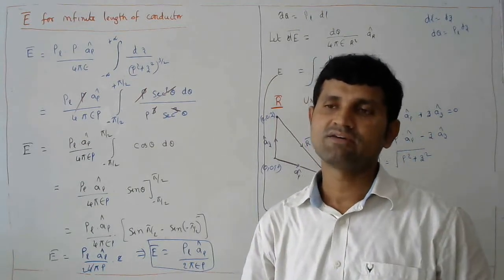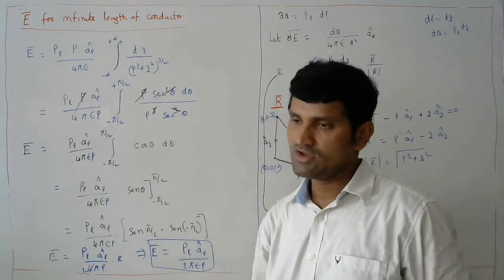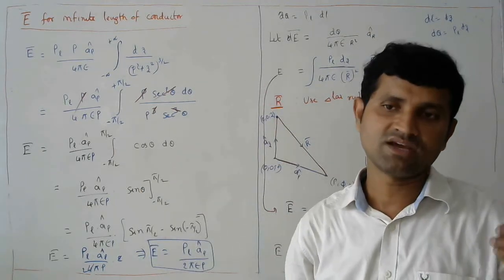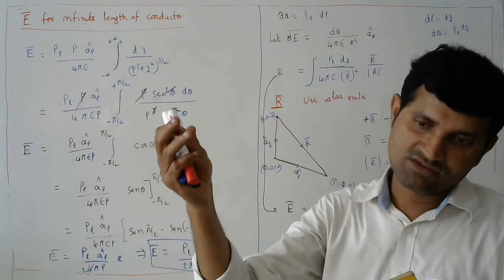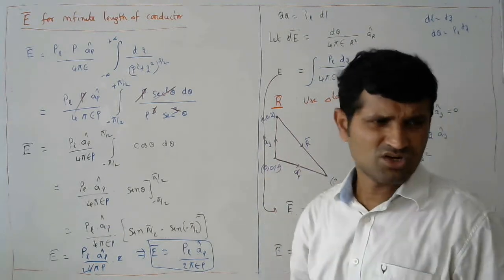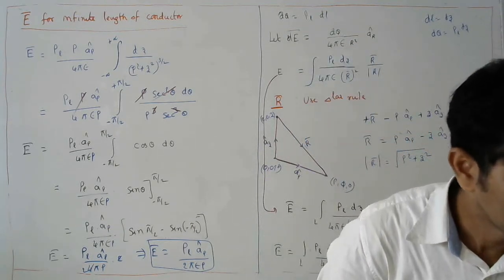If the conductor has a positive line charge, the flux lines will move away from the conductor. If it has a negative charge density, the flux lines will come towards the conductor.